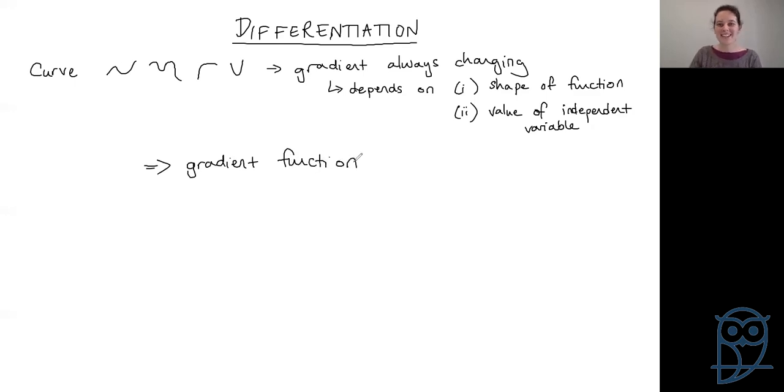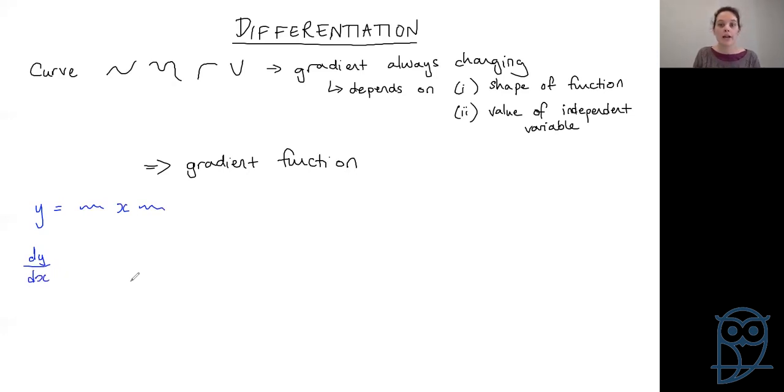We need some new terminology to go alongside this. Our terminology is split into two, but then with a bit of fun and games as well. So let's say we have y equals something to do with an x. What we normally have is y equals x squared minus 3x plus 4. y is our dependent variable, x is our independent variable. If we differentiate this, then we end up with dy by dx.